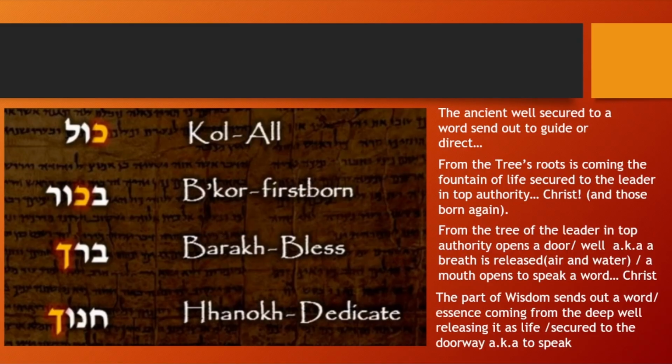Firstborn, it is Christ. He was sent as from the root of Jesse into the network, into the grids, as the mediator to be the tree trunk, and he's connecting the roots with the leaves. So all of that said, firstborn is talking about a tree's wells that is opening.